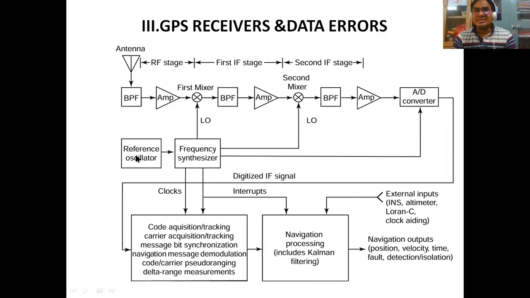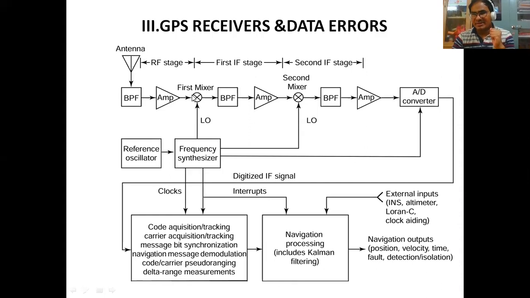The reference oscillator will generate a signal similar to the carrier that was used in the modulation process, and after frequency synthesizing, it will be given to the mixer as another input. When these two signals are mixed, the carrier will be eliminated and the information bearing signal will come out. Again that will be passed through the band pass filter and amplified.